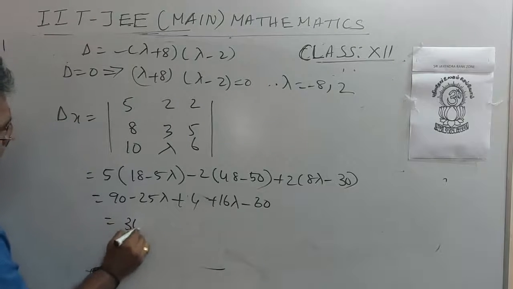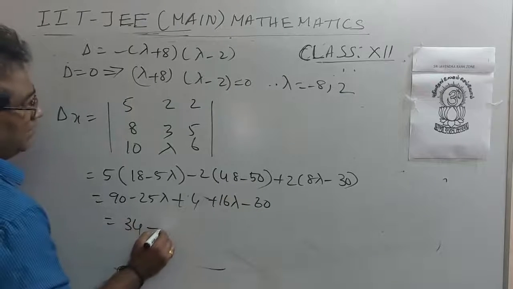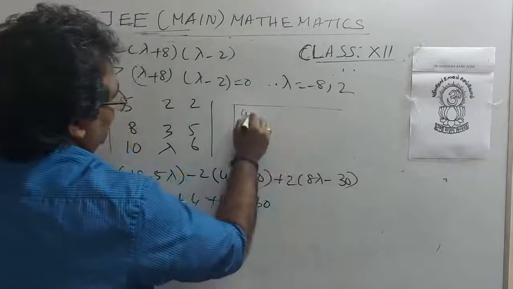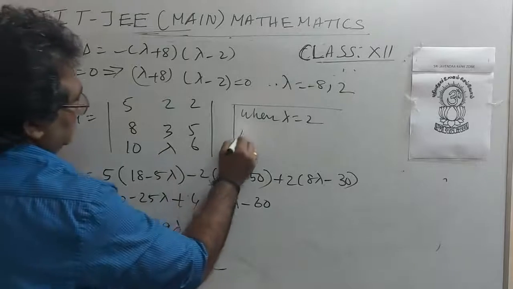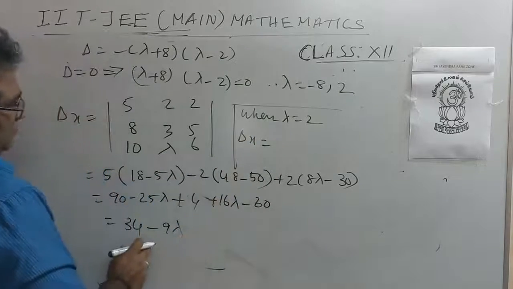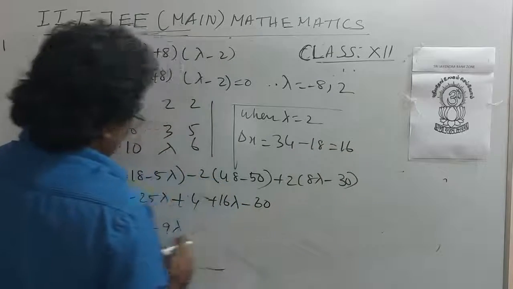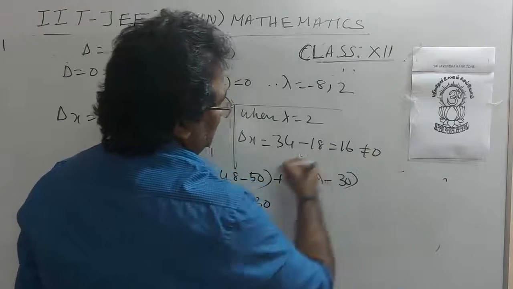So 90 plus 4 is 94, minus 60 is 34, minus 9 lambda. When lambda equal to 2, delta x equals 34 minus 18, which is 16, not equal to 0.